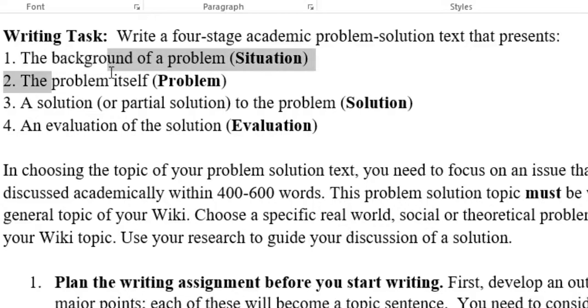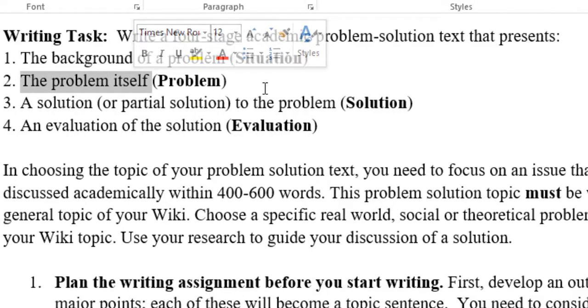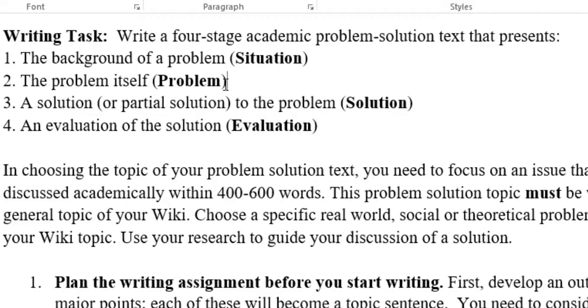Then you're going to look at the problem itself. So you're going to identify the problem. Number 3, you're going to need a solution or a partial solution. It's probably going to be a partial solution to the problem. So think about something that helps the problem. It might not actually totally solve it, and that's okay.